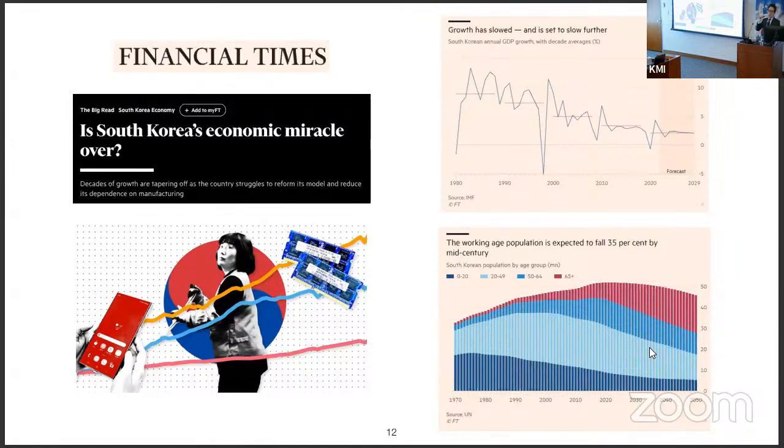As you can see, right after the pandemic was over, right when the world just got into the post-pandemic era, South Korea showed a quite interesting uptick. Since then, you can clearly see the prediction is quite negative. Okay, what about the working age population? South Korea obviously is already in a hyper-aged society.